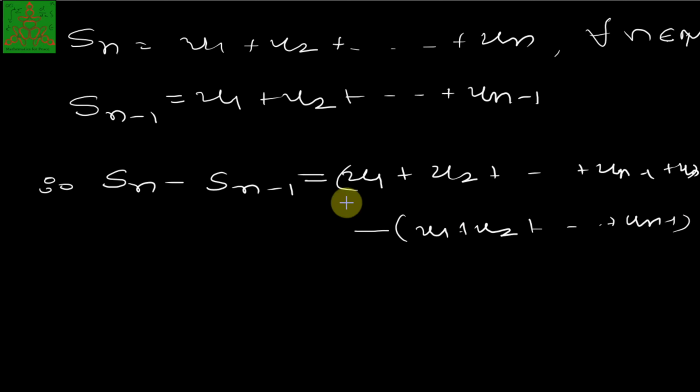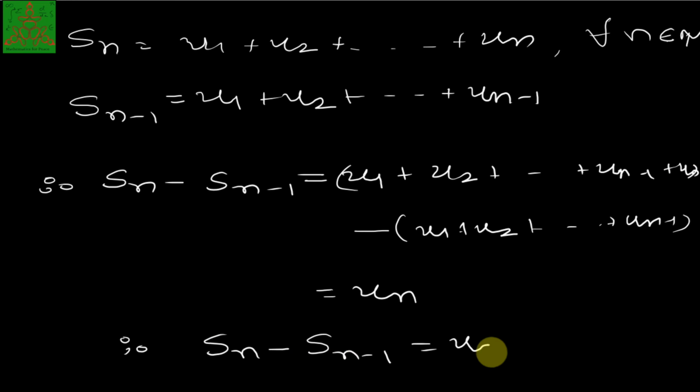So the u1 up to un minus 1 terms cancel out, and only un is left. Finally we got Sn minus Sn minus 1 is equal to un, and we have assumed that the summation of un converges to s.